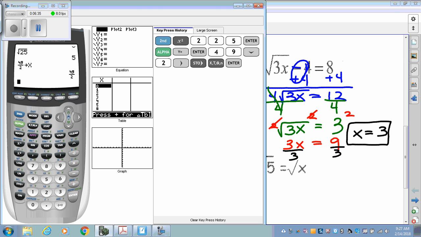Then I'm just going to type out my original equation, which was the square root of 2x. I'm going to arrow over, because I don't want this part underneath the radical, plus 3. That was not under the radical.